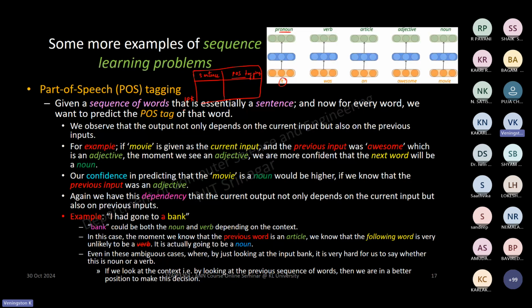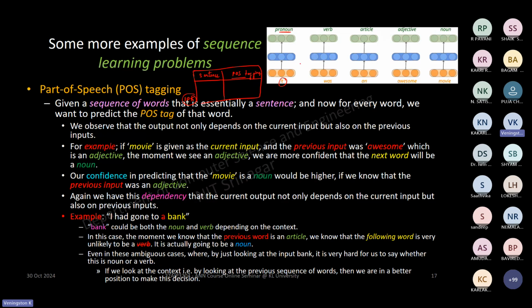Because you are training a model with 10,000 such samples, you are expecting the model to replicate this knowledge on a completely new, previously unseen sentence.